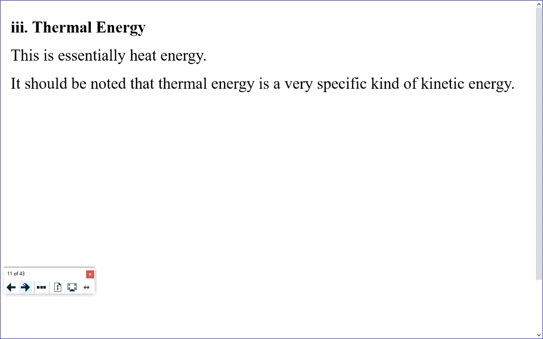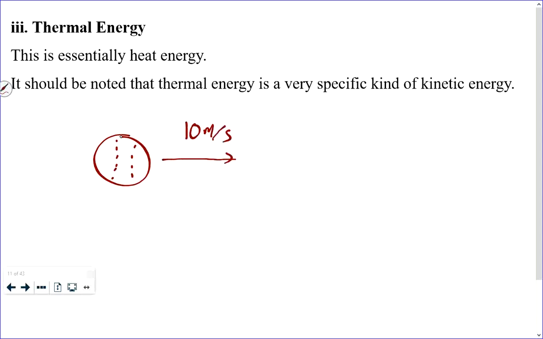This is a difficult question to process, but listen very carefully and give it a shot. What's the difference? Here's the baseball. There's the stitching on the baseball. And it's moving this way at 10 meters per second. Every molecule in that baseball has kinetic energy. Here's another baseball sitting on the ground in the sweltering heat.